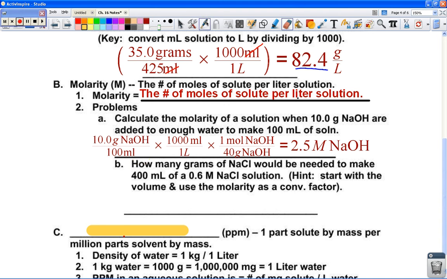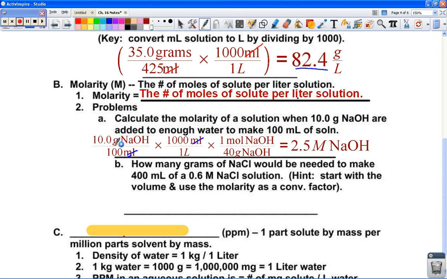Then we know that there's 1,000 milliliters per liter. If we start down to the right, then we can start putting the units up to the left. We want the milliliters to cancel, so there's 1,000 milliliters per liter.